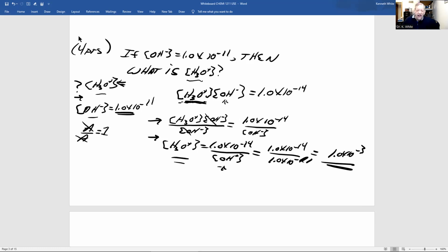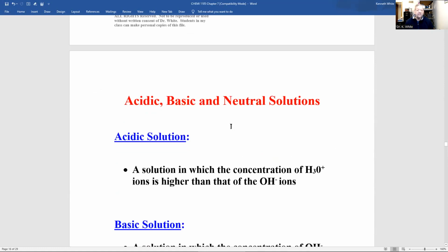Now, the question you should have in your mind is, why do I want to know these numbers? Well, it turns out there's a very important concept in our life. You've probably heard these words, but let's learn about what they mean. And that's acidic, basic, and neutral solutions.